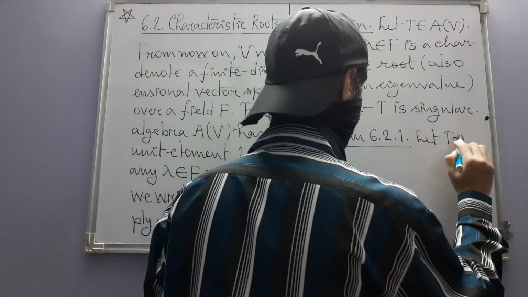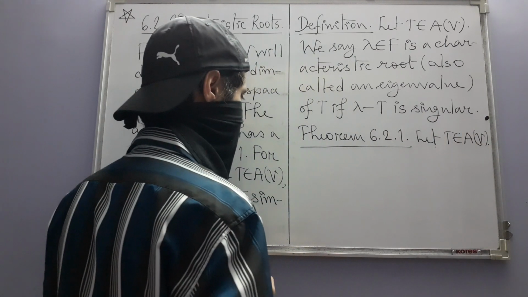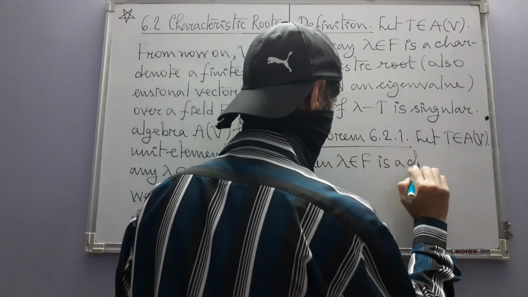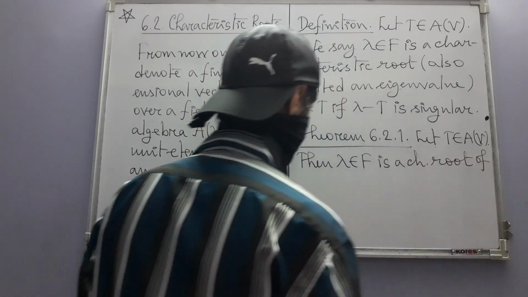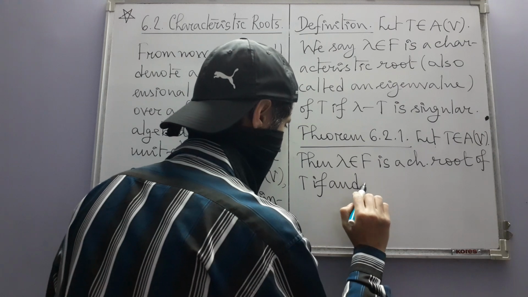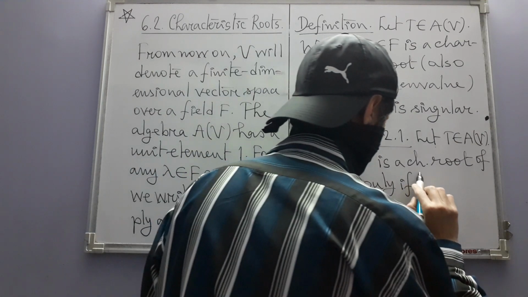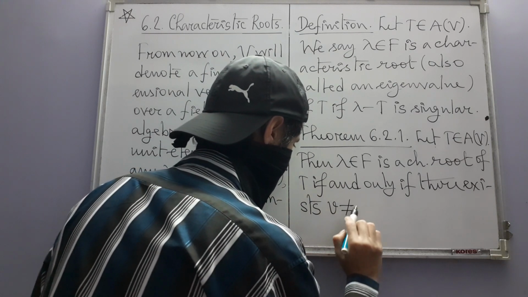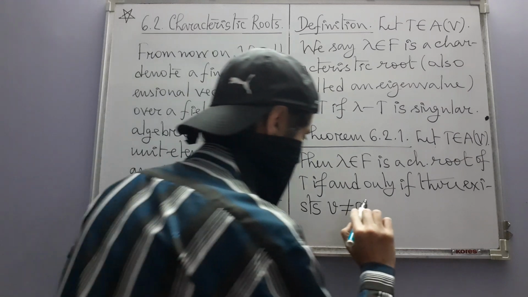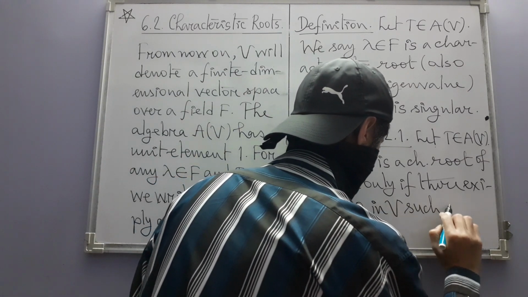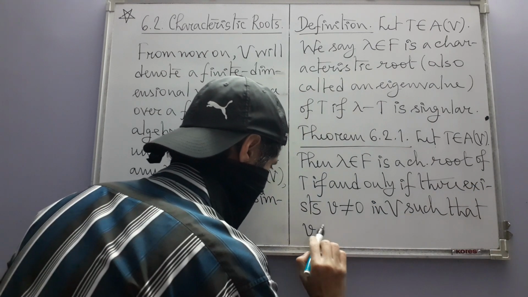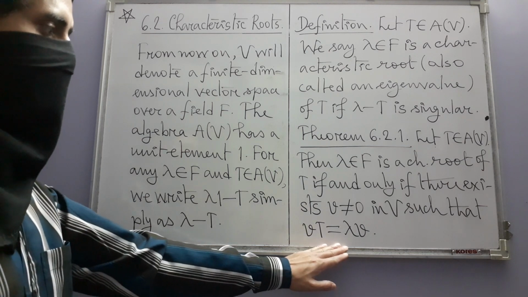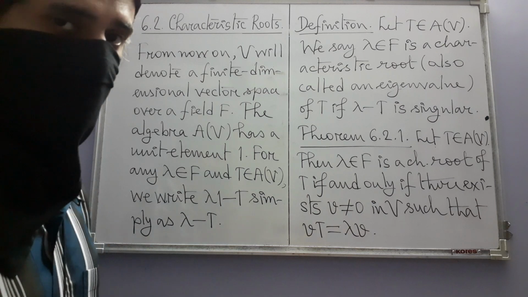Let T be an element in A of V, then lambda in F is a characteristic root of T if and only if there exists a non-zero vector V in V such that if you apply T on V, you are going to get lambda V. In fact, this condition itself is sometimes taken as the definition of a characteristic root.